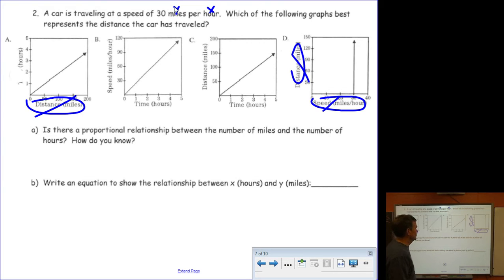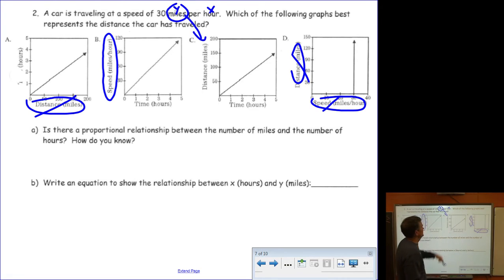And so now I'm looking at the numbers, and that's not even right. It can't be graph B, because this is speed and the y-axis is supposed to be miles.